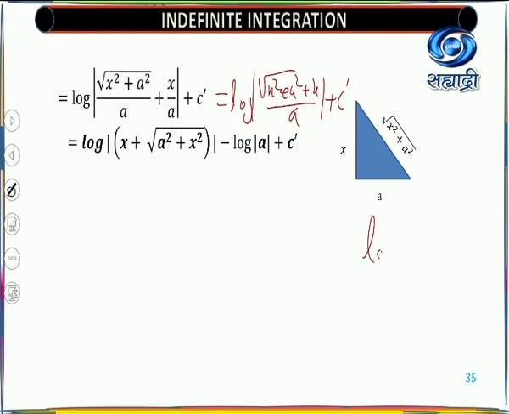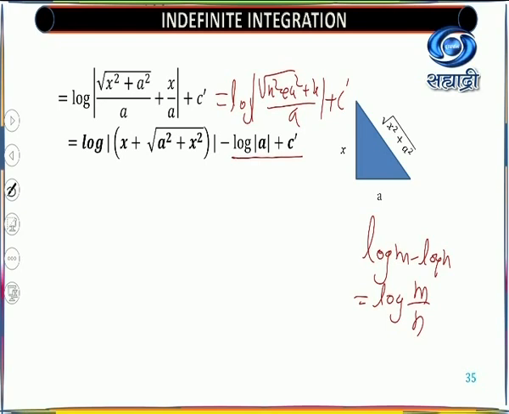Again you are using the formula log m minus log n is equal to log m upon n in reverse way. So you will get this as log of mod of x plus root of x square plus a square. Either you write root of x square plus a square plus x, or because this is an addition and addition is commutative, you are able to write x plus root of a square plus x square minus log of mod a plus constant of integration c dash.